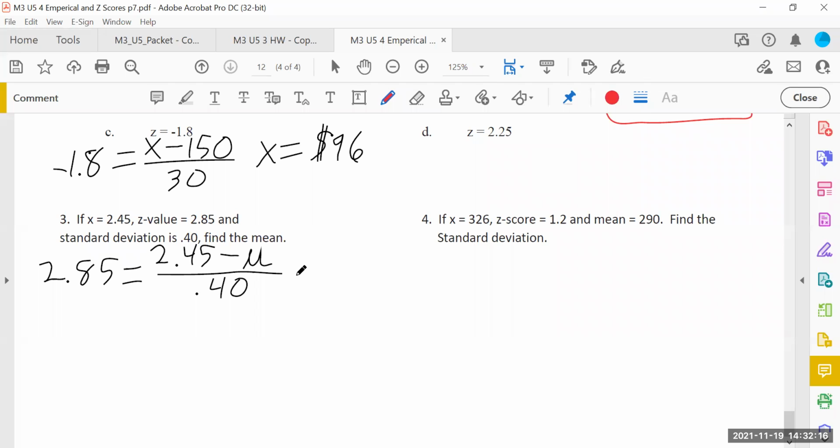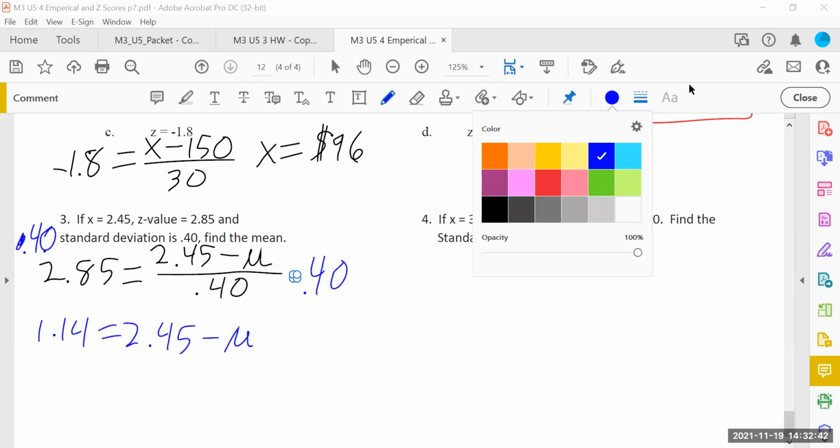So here, I'll walk it through with you. We could multiply both sides by 0.40. So 0.4 times 2.85 is 1.14, equals 2.45 minus mu.